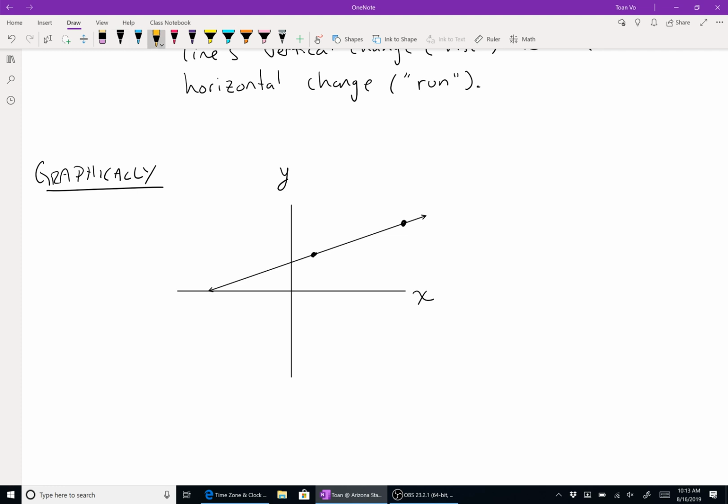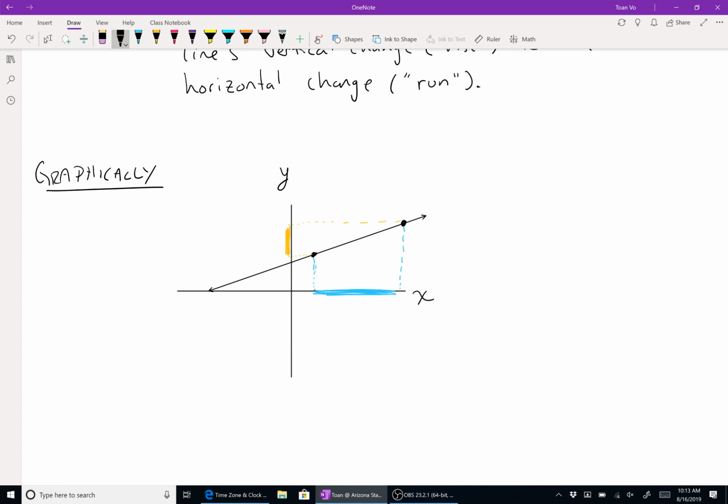So if I take a look between these 2 points here, that is the y value of that second point, that is the y value of the first point, and this guy here is his vertical change. If I take a look at the x value of the second point, and the x value of the first point, that right here is his horizontal change.